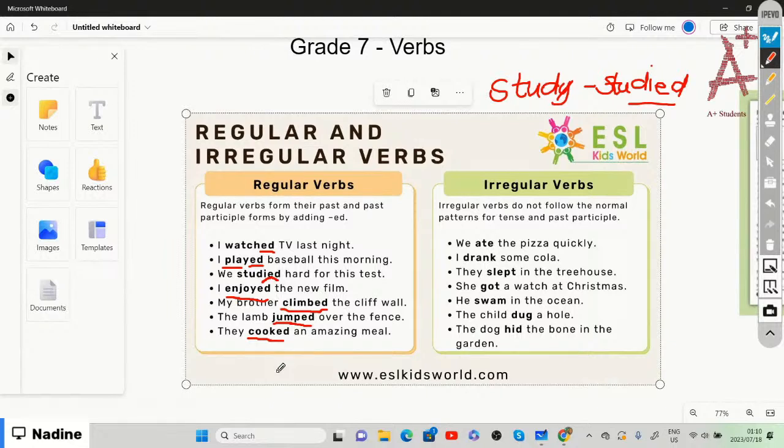And irregular verbs do not follow the normal patterns for tense and past participle, meaning that they do not have a specific rule that mentions that you either need to add an ed or you need to add a d or you need to add an s, for example, right?